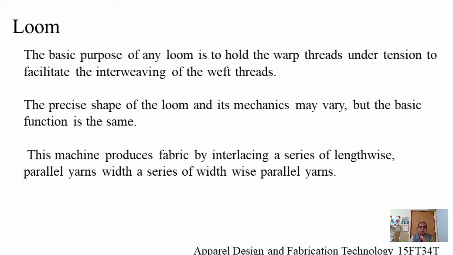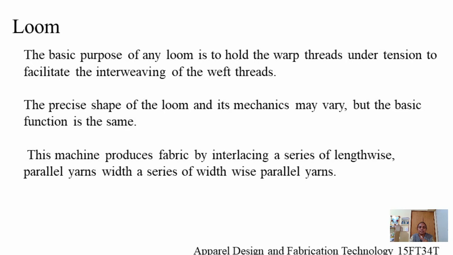This machine produces a fabric by interlacing a series of lengthwise parallel yarns with a series of widthwise parallel yarns. So, in the loom, as seen in the figure, you are going to see two types of yarns, that is, the lengthwise and the widthwise yarns. Lengthwise yarns are known as the warp yarns, and the widthwise yarns are known as the weft yarns or the pick. The basic purpose of the loom is to hold the warp threads.